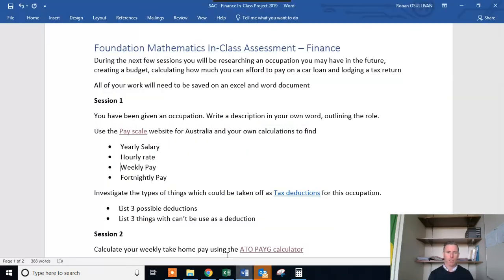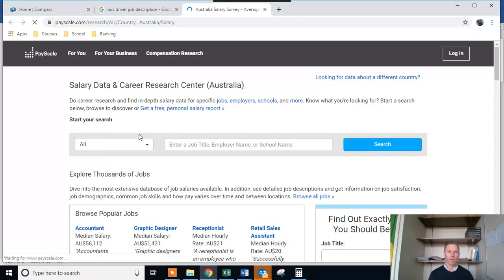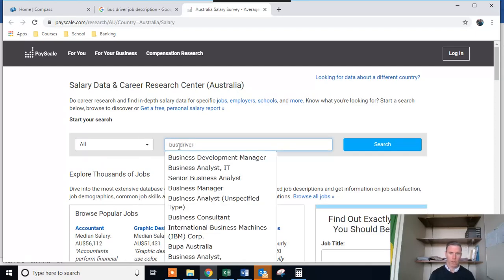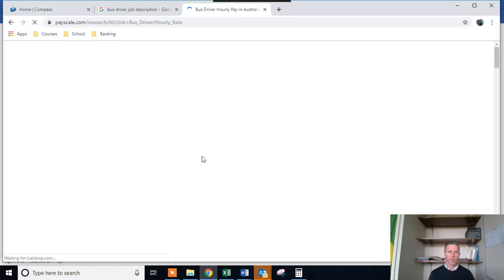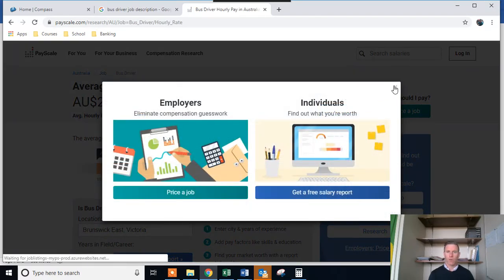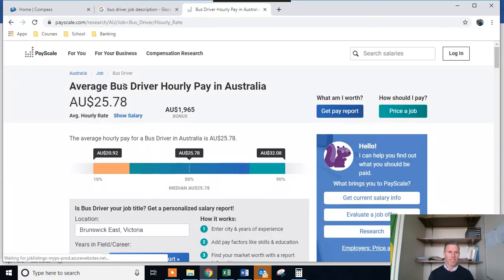The next thing it asks me to do is use the PayScale website and your own calculations to find yearly salary, hourly salary, weekly pay, and fortnightly pay. So I'm going to search bus driver. It says here that the average bus driver hourly pay in Australia is $25.78.